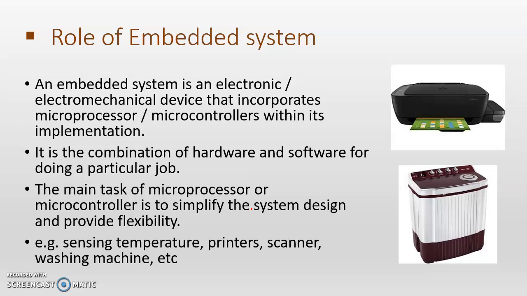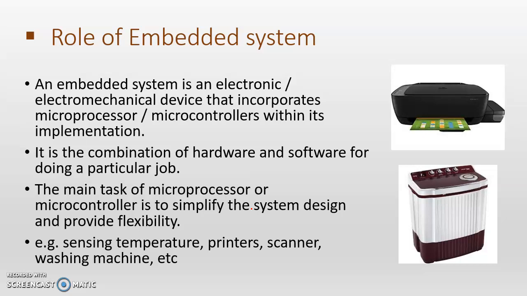So any particular system which uses a microprocessor or microcontroller for the execution of the system result or system performance. It is a combination of hardware and software for doing a particular job. The main task of a microprocessor system or microcontroller is to simplify the system design and provide flexibility.